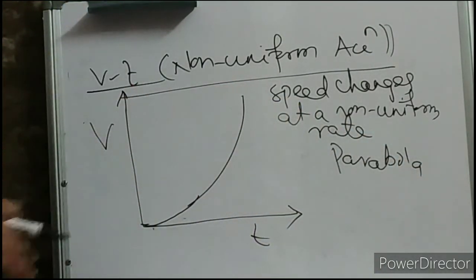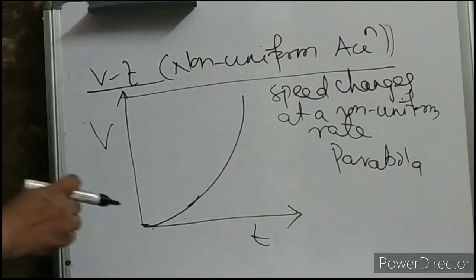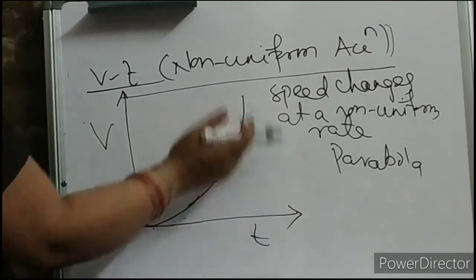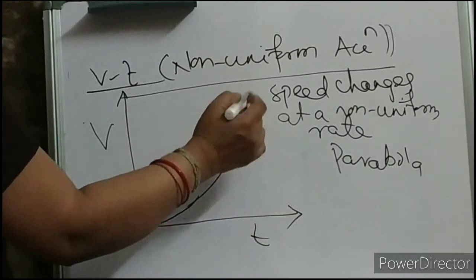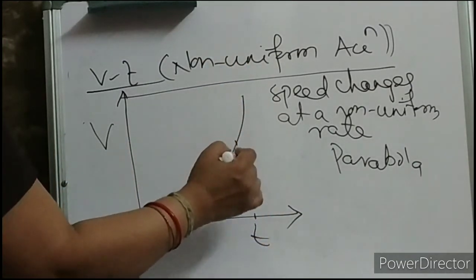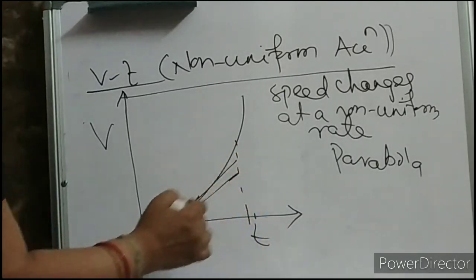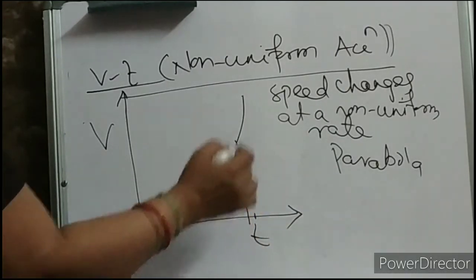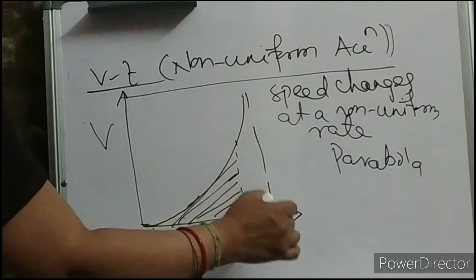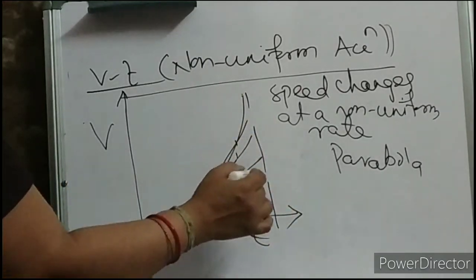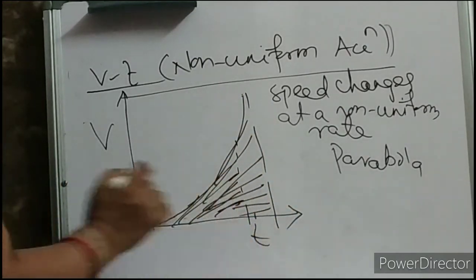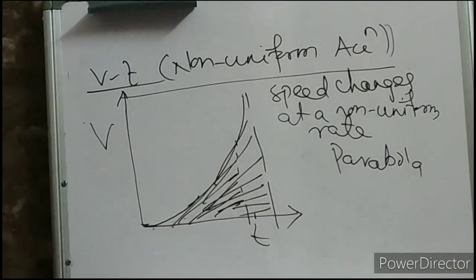Here also you can get your distance. You can calculate the distance traveled. Okay. So area under the curve with the time axis. Suppose at this point you want to calculate, then drop this. So this area is going to give you, or you can say for this point, this area is going to give you the distance traveled by the body.